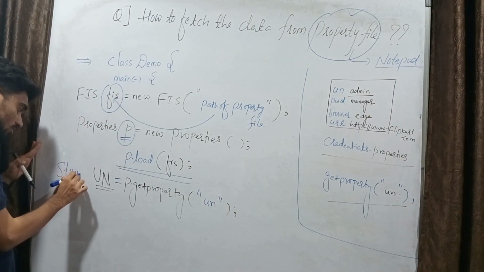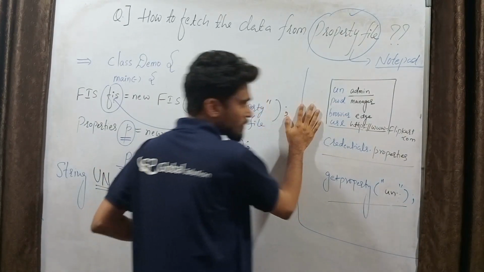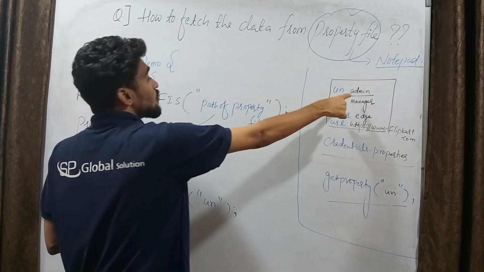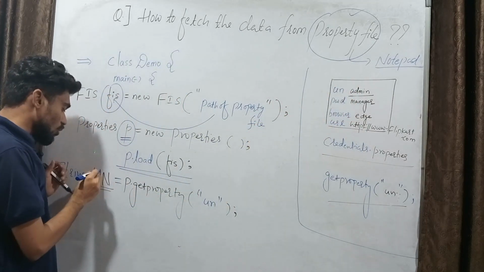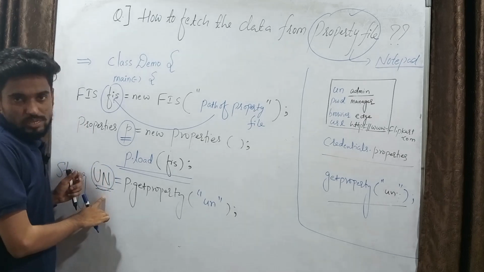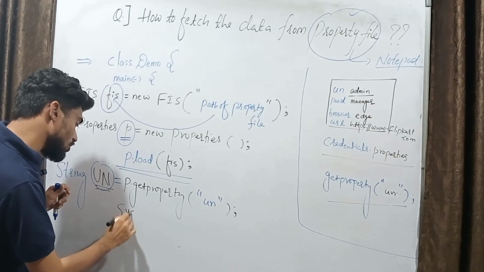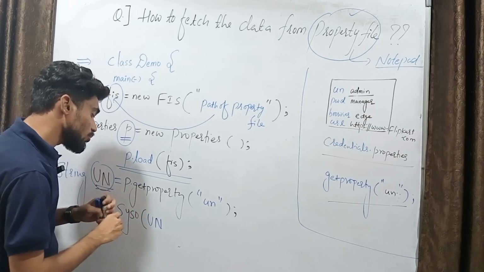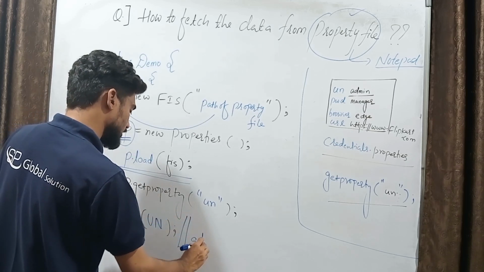Very good. It means it takes that value from our property file. What is the corresponding value for the username key? Admin. So admin will be loaded inside our USERNAME variable. Are you understanding? Yes. If you print it with System.out.println USERNAME, you will beautifully get the output as admin here.